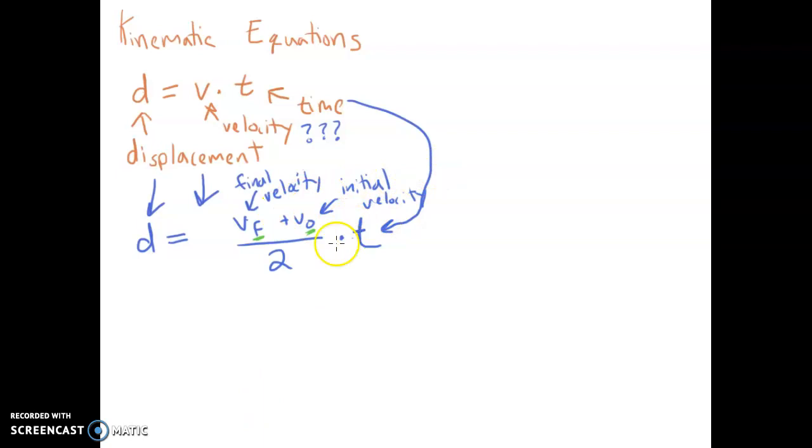Now, before I show you an example, I will mention that this equation only holds for constant acceleration. The good news is that if we have any acceleration in this class, it's going to be constant, meaning acceleration will always, in any one problem, be the same number.